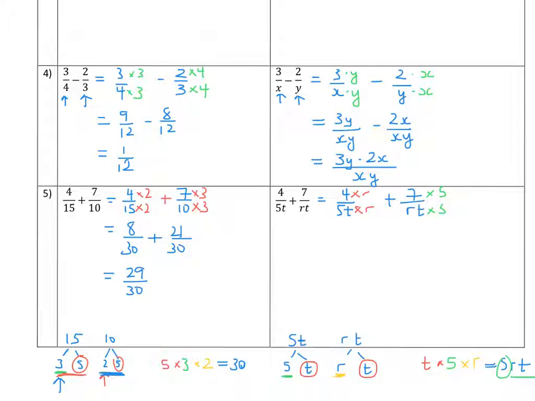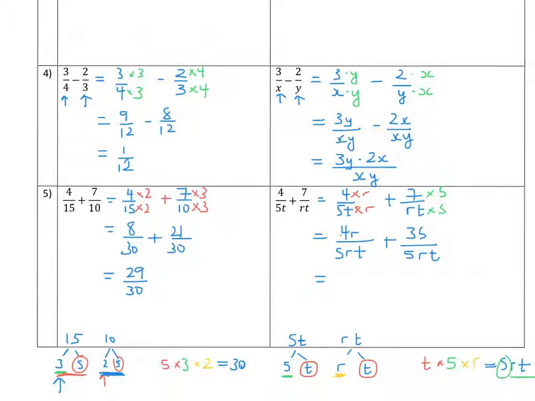Now, we're almost ready to go here. 4 times r is 4r, and my bottom is 5rt, plus 7 times 5 is 35 over 5rt.